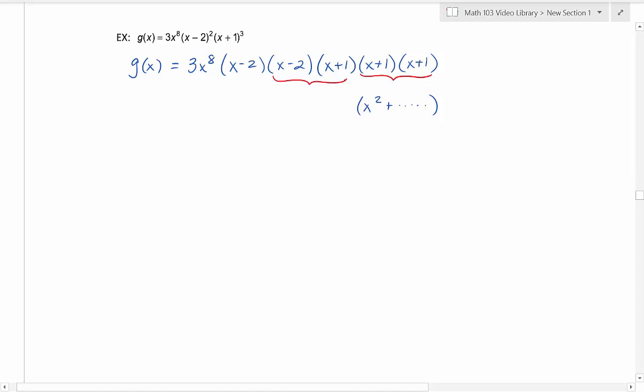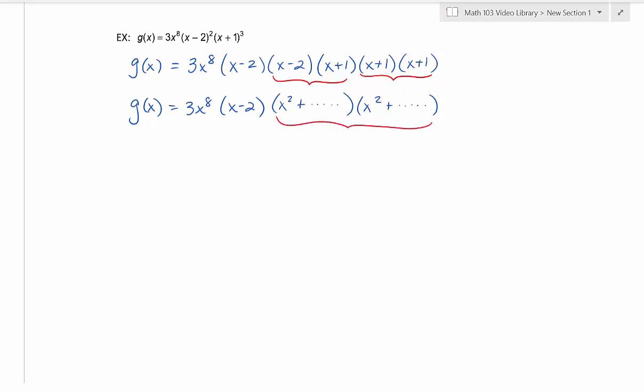Multiplying out the two factors x minus 2 and x plus 1, again, I'm going to get a quadratic. Continuing to multiply out, if I multiply these two quadratics together, I'm going to get a polynomial that is 4th degree.